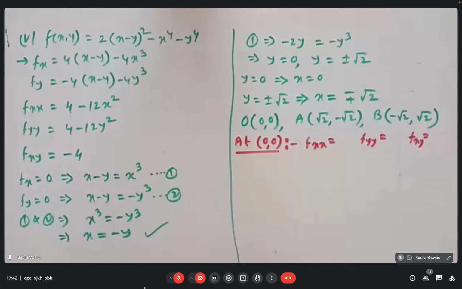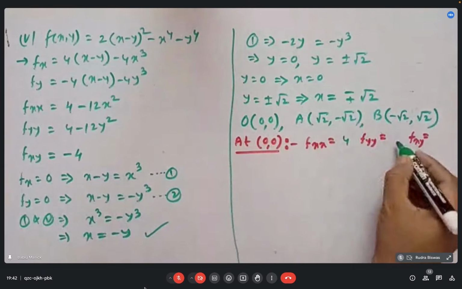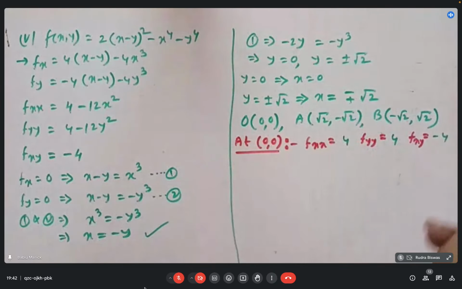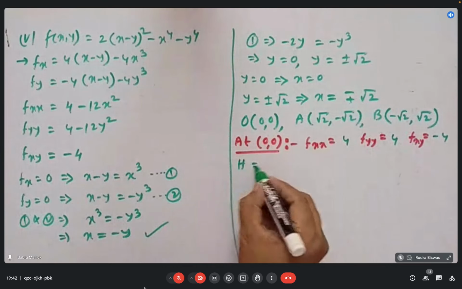Sir, all three will be 4, 4, minus 4. Okay, then what is the value of h?